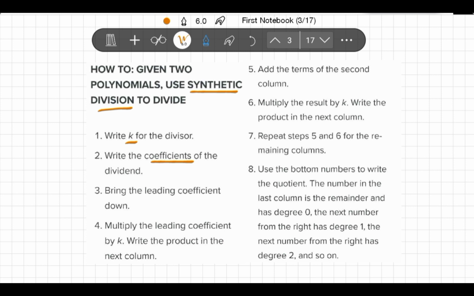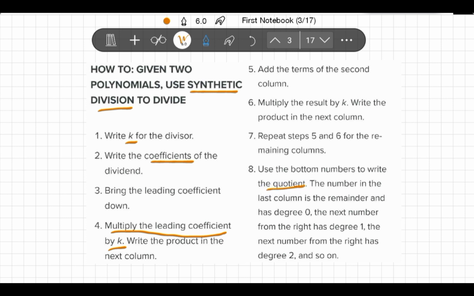Next, multiply the leading coefficient by k. Fifth step, add the terms of the second column, then multiply the result by k and write the product in the next column. And for the seventh step, you need to repeat steps 5 and 6 for the remaining columns. And for the last step, use the bottom numbers to write the quotient.